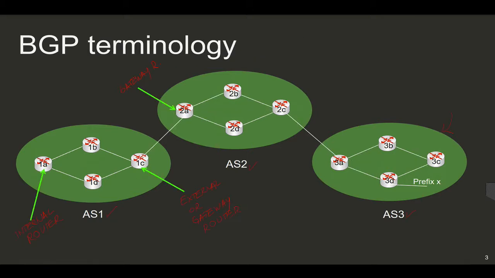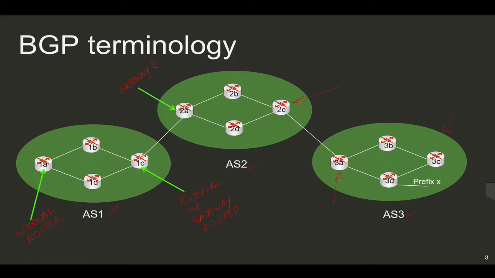Notice that each autonomous system is going to have both internal routers and some gateway routers or speakers. For instance, in autonomous system 2, 2C will be our gateway router, and for autonomous system 3, 3A will be our gateway router.